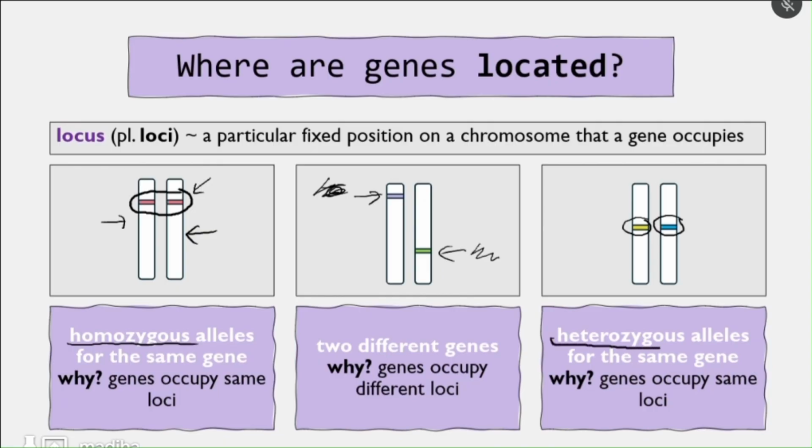These terms, heterozygous and homozygous, do come up later on. They're not in this topic, but I included the example now just to open your eyes to it, so you're aware of what they are. The genes are occupying the same loci, but they're two different alleles because of the two different colours. Maybe they're both for eye colour, one's for blue eyes, one's for brown eyes. So there's just some examples of how genes are located on a chromosome. Hopefully that makes some sense.